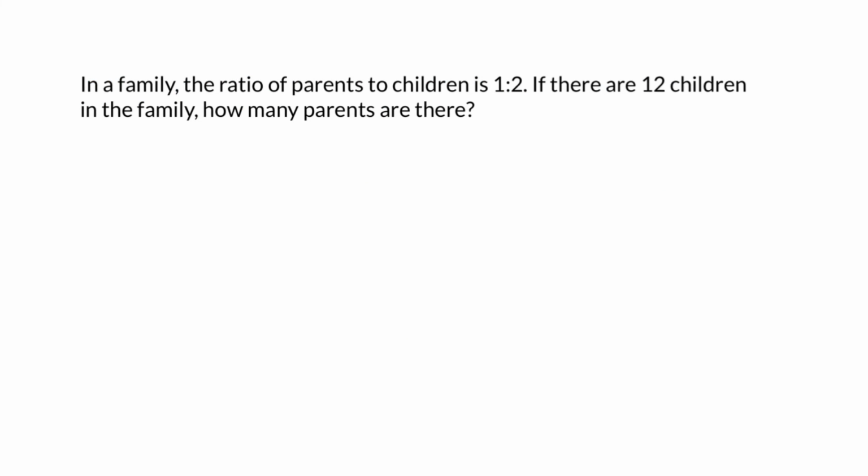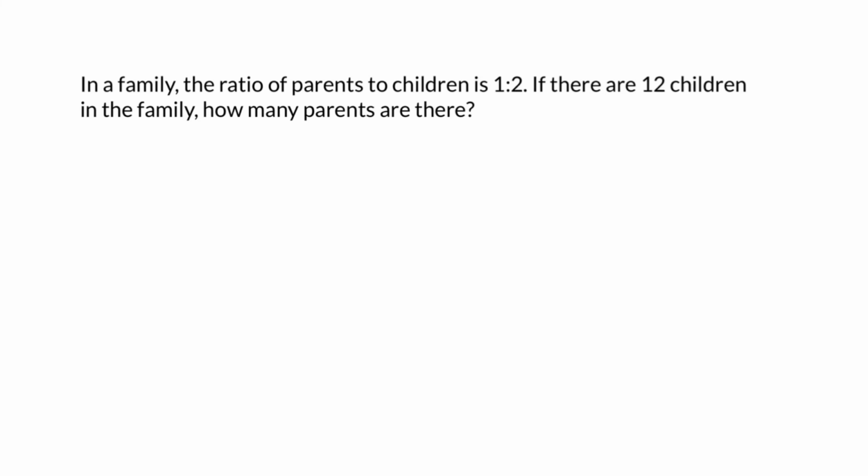So in this last example, we've been given a ratio here where there are two parts. So in a family, the ratio of parents to children is 1 to 2. If there are 12 children in the family, how many parents are there?